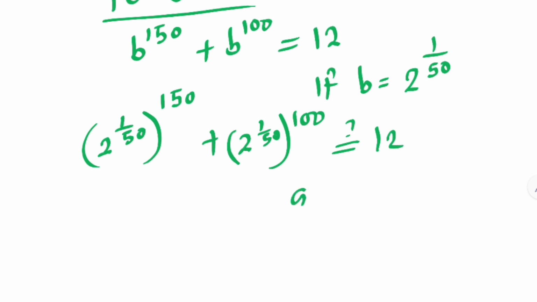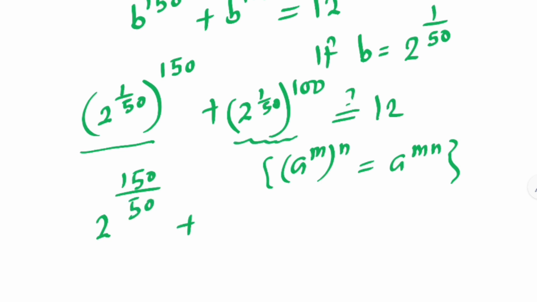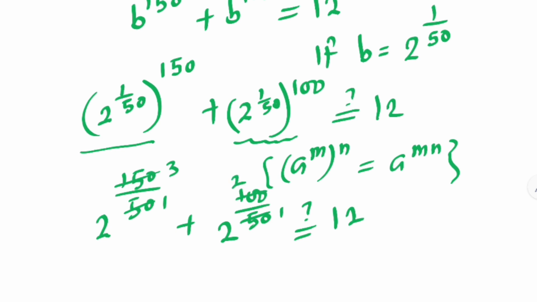Remember, if you have a raised to power m to the power of n, this is equal to a raised to power mn. This can be written as 2 raised to power 150 over 50 plus 2 raised to power 100 over 50 must be equal to 12. 50 here 1, 50 here 3, 50 here 1, 50 here 2.